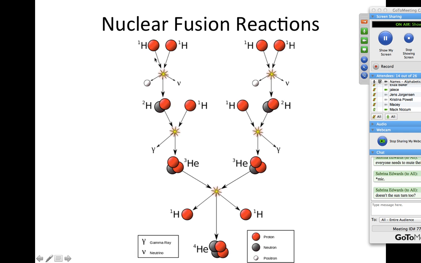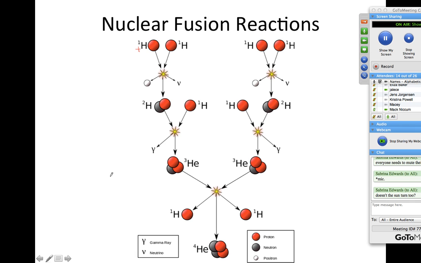Hydrogen is composed of one proton. The protons have a positive charge, so we are going to write here that the ones in red, the protons, have a positive charge. The electrons around the protons are kind of irrelevant here, because again, this is a plasma.